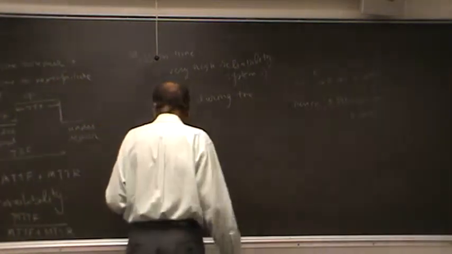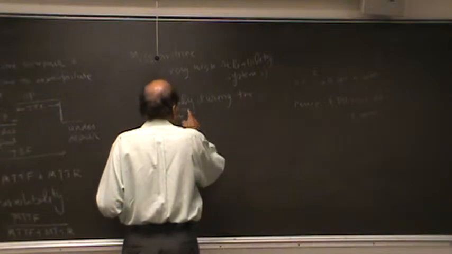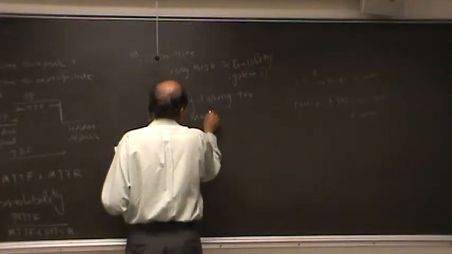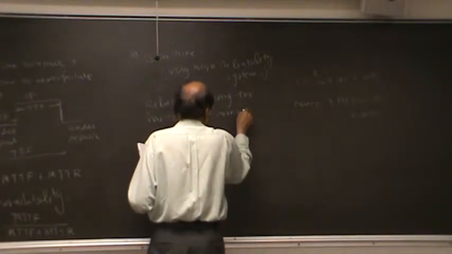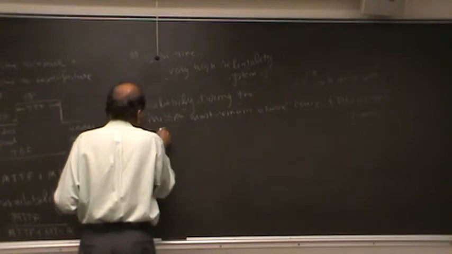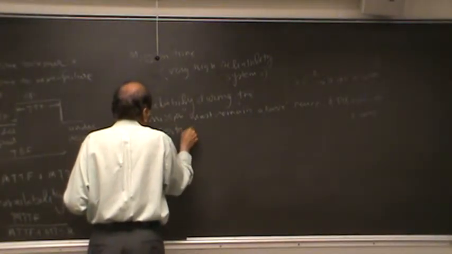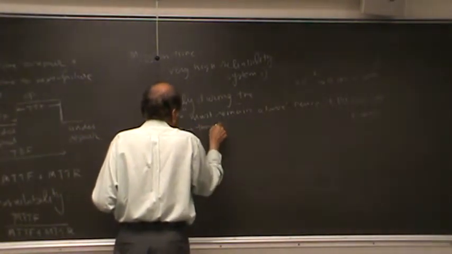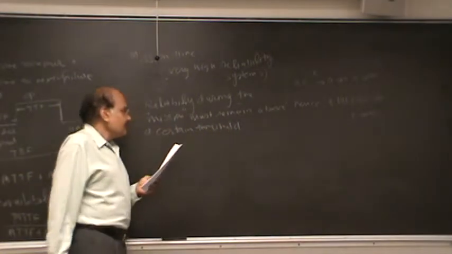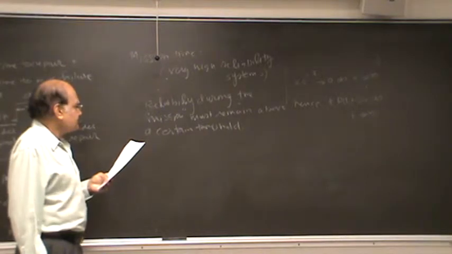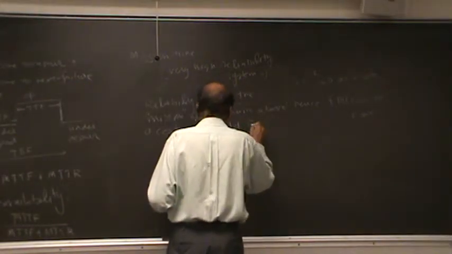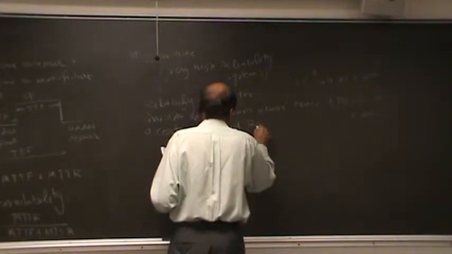For the autopilot system, reliability during the mission must remain above a certain threshold. And let's assume that the threshold reliability is called R sub TH.